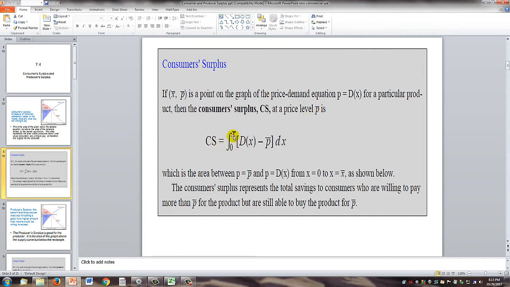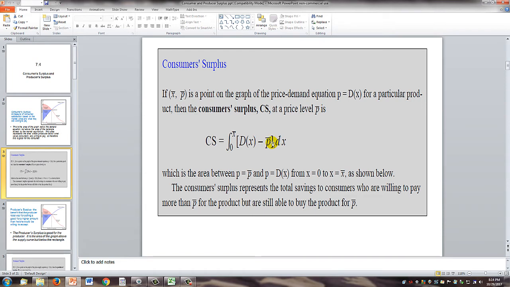the integral from 0 to the market equilibrium quantity of the demand curve, which you would take the antiderivative and evaluate at 0 and Q bar and use the FTC to find the area under the demand curve, minus the integral of P bar from 0 to X. This is a constant, and so the antiderivative of P bar is P bar X bar.